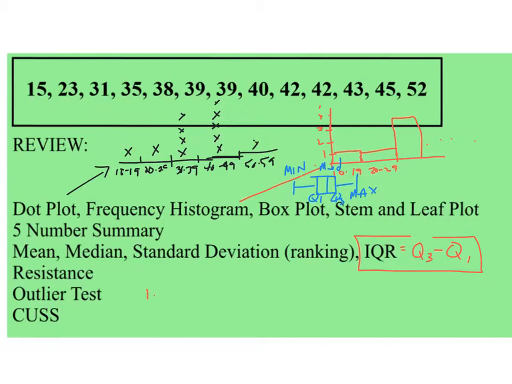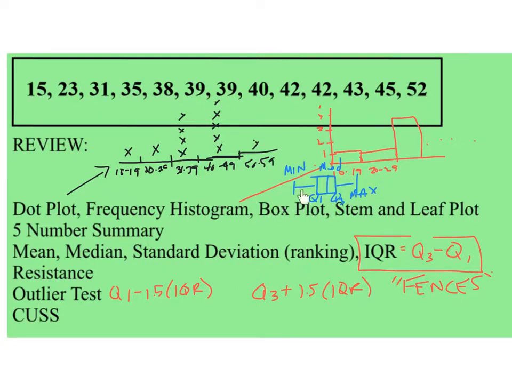So you do 1.5 of the IQR, you do Q1 minus that value, and you do Q3 plus that value. And this creates what are called fences, like outlier fences. Anything outside of this new range is considered an outlier. And a modified box plot would put dots where the outliers are.